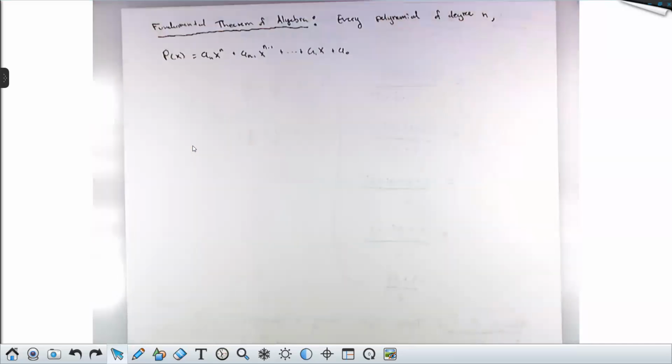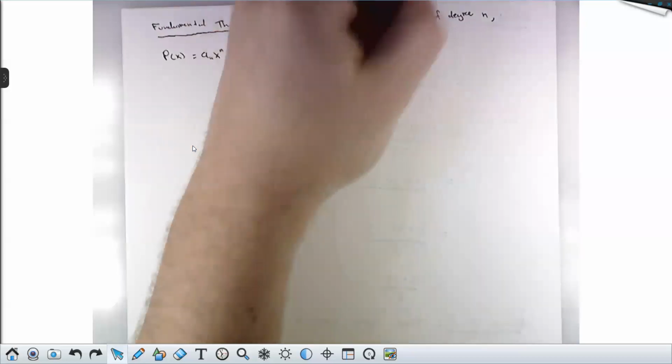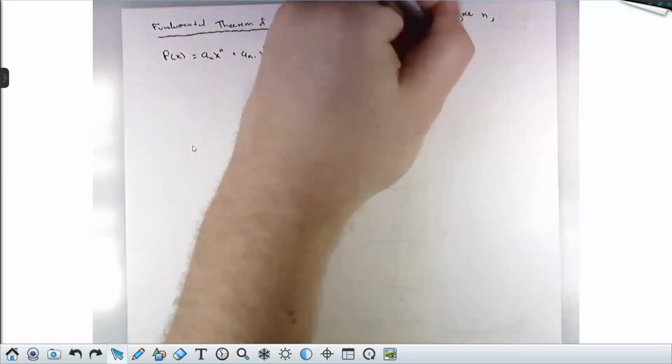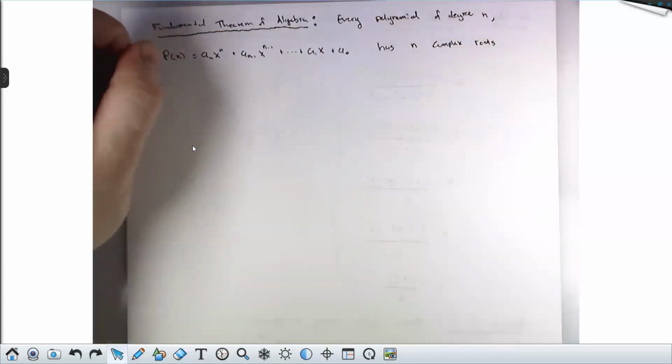I should say every polynomial of degree n, like this, has n complex roots when counted with multiplicity.